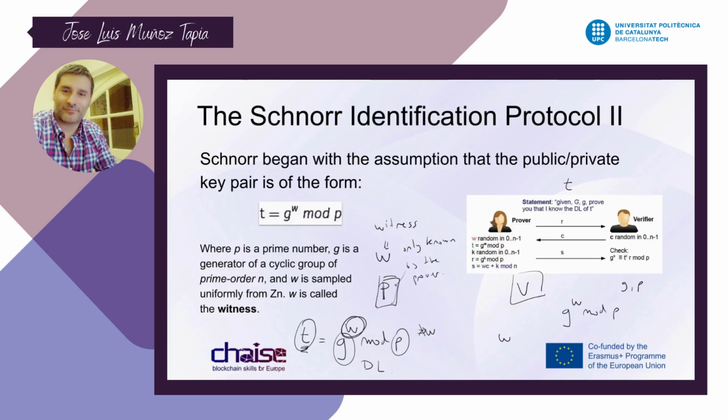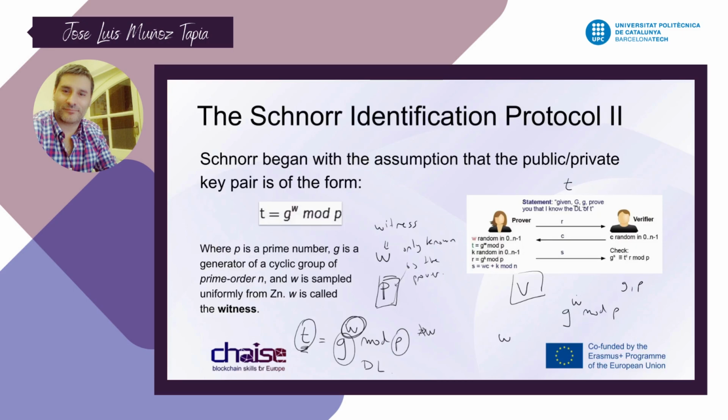It's a little bit mathematical, but the statement says, I'm going to give you a group. G is a generator of the group, but it doesn't matter too much. This is at a high level. If you take G, I'm going to prove to you that I know the discrete logarithm of T. So T is also known.